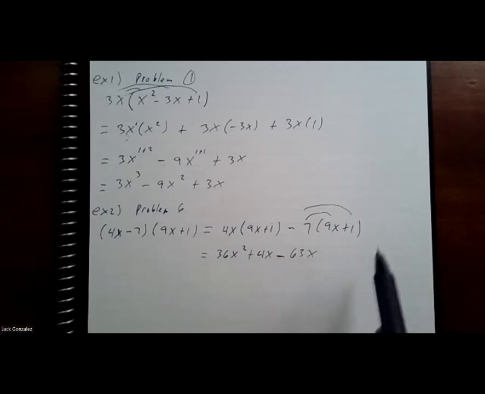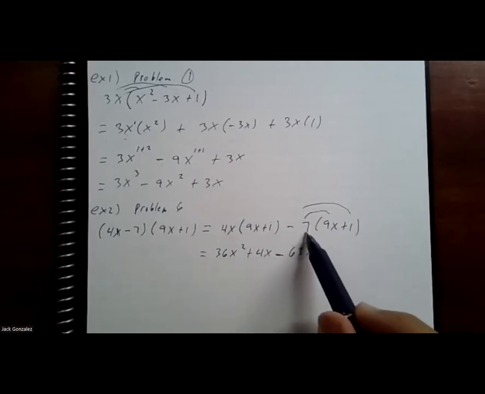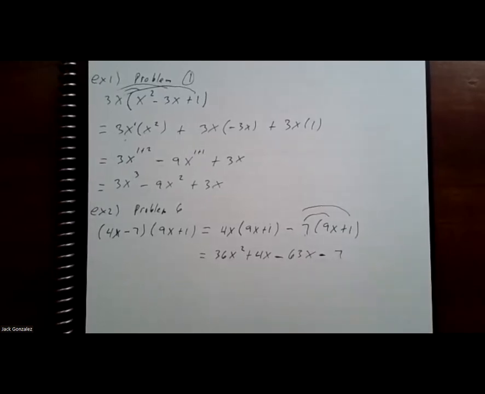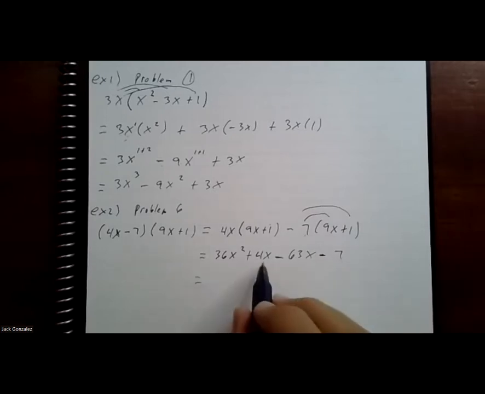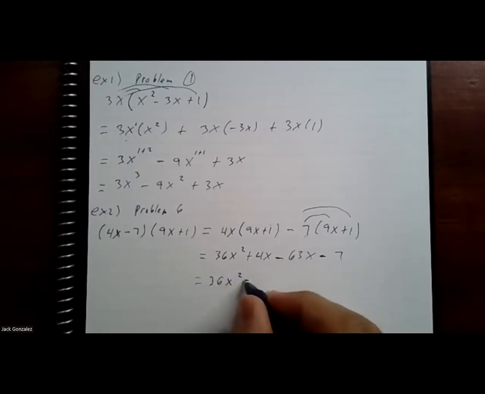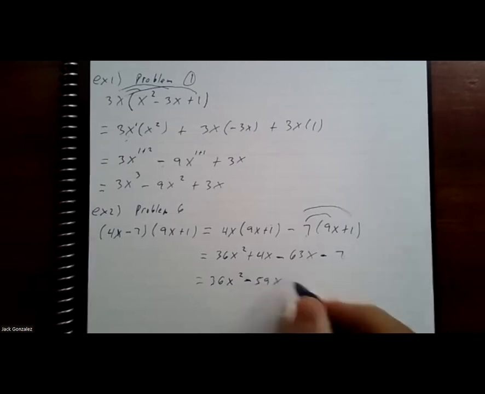I don't like numbers anymore, so just double check me. -7 times the 1. Okay. Combine like terms if there are any. 4 minus the 63. That'll be negative, right? 59.